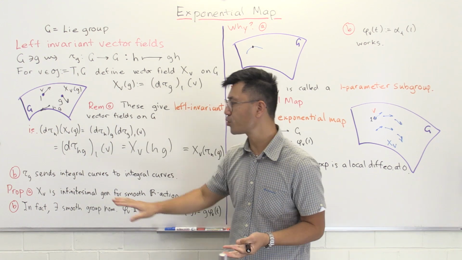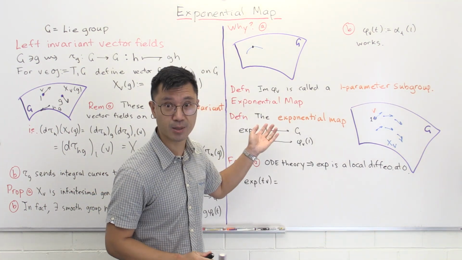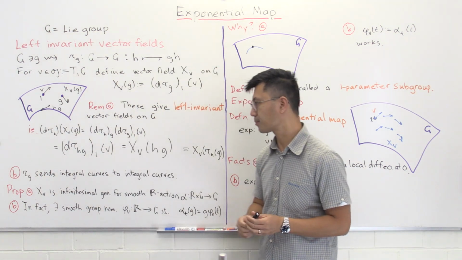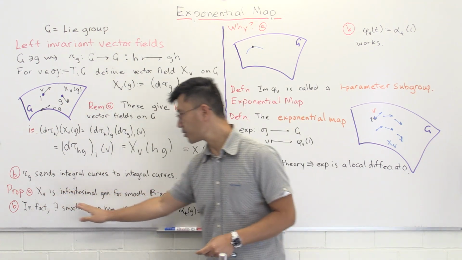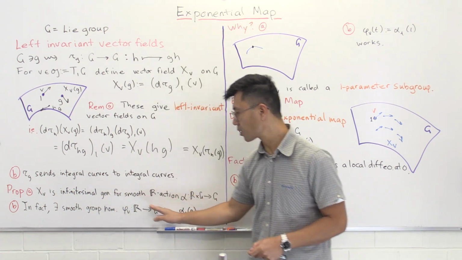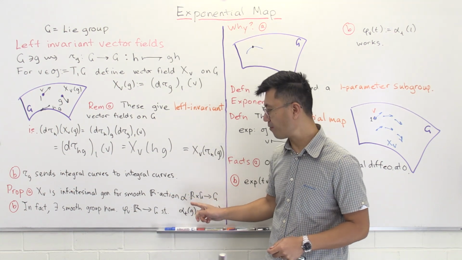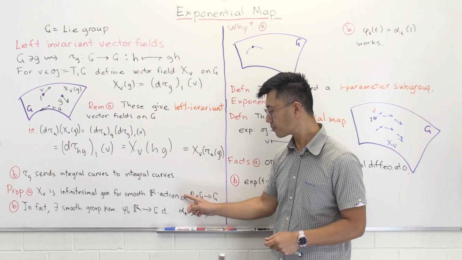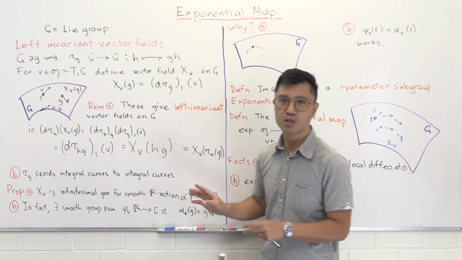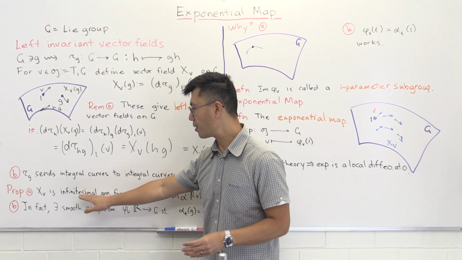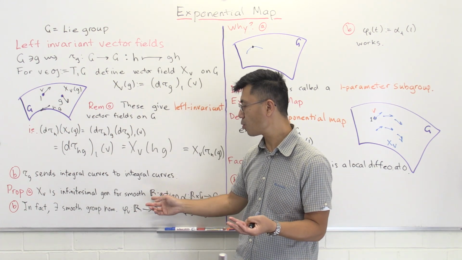I next want to move on to the following proposition, which is going to allow us to set up the exponential map. So the first thing is that this vector field is actually the infinitesimal generator for a smooth R action. We'll call the R action alpha, like we have done in the past videos. So alpha you can think of as a map from R cross G to G. So remember, in general, if you have a vector field, it may not come from a smooth R action.